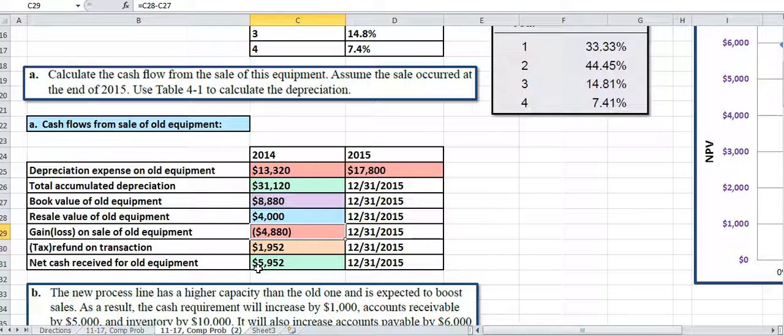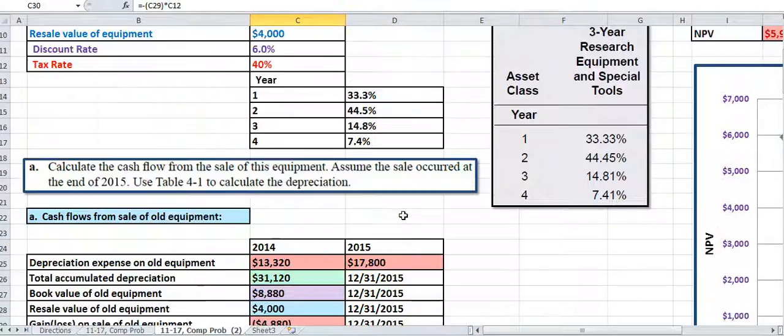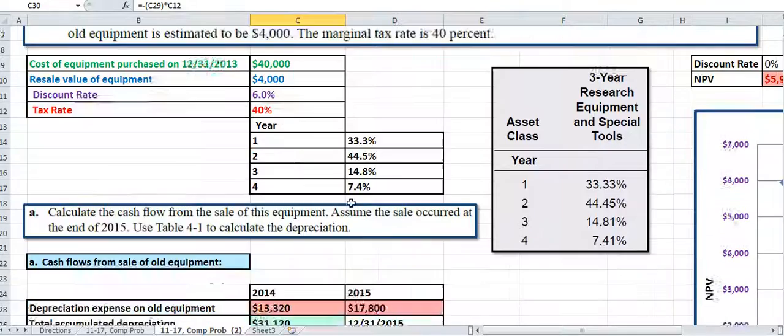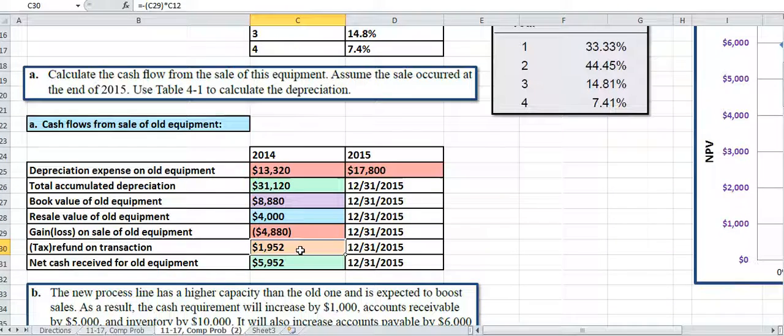That's going to give us a refund of 40% of this loss, because our tax rate is 40%. So that's going to give us a positive. And then the net of all this is going to give us a net cash received for the old equipment of $5,952. Okay. So that takes care of part A.